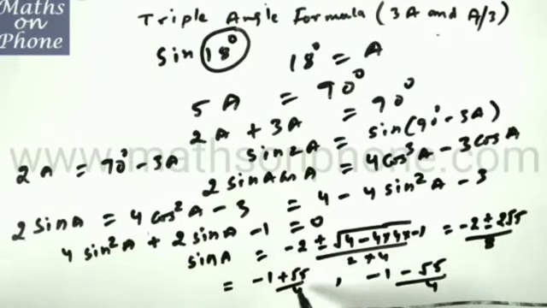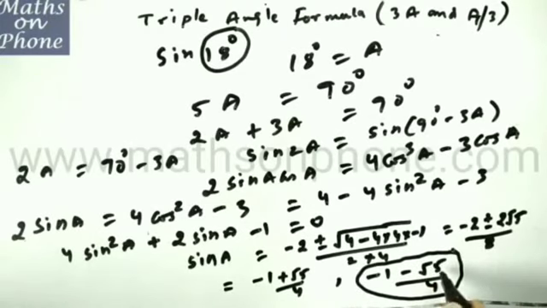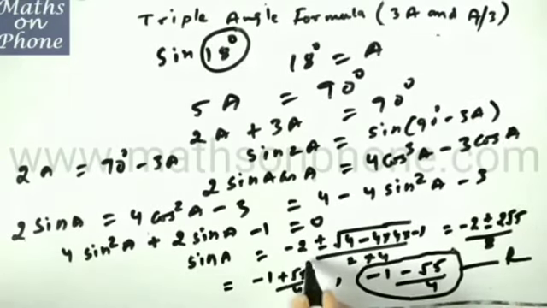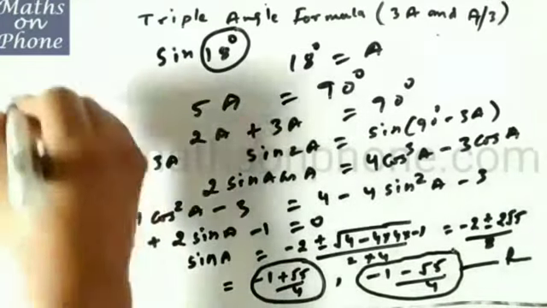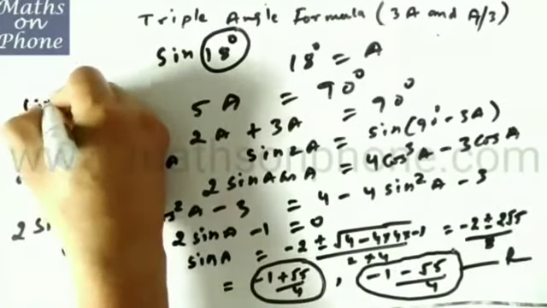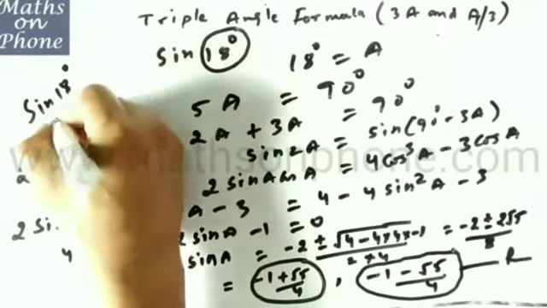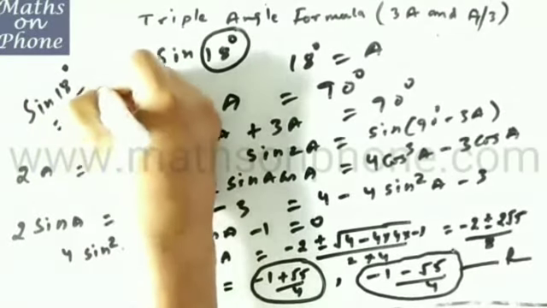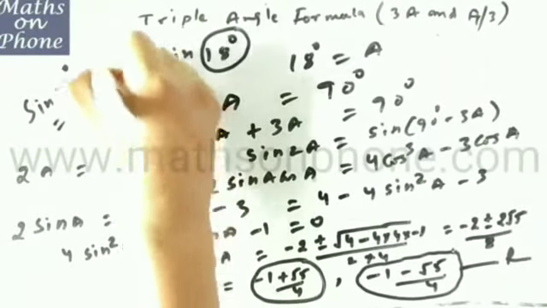That means sine 18 degree is either this or that. You see, this is negative minus negative is purely negative. And 18 degree is in the first quadrant, and in the first quadrant sine is positive. So this value is to be rejected and this value is to be accepted. So what exactly is sine 18 degree? You need to remember from now onwards, sine 18 degree is (root 5 minus 1) by 4.